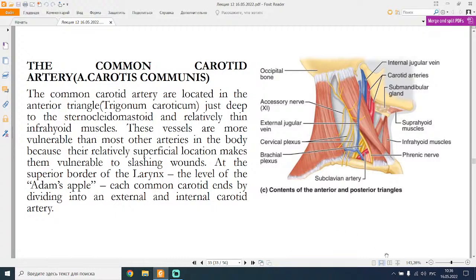The common carotid artery is located in the anterior triangle, trigonum caroticum, just deep to the sternocleidomastoid and relatively within the infrahyoid muscles.